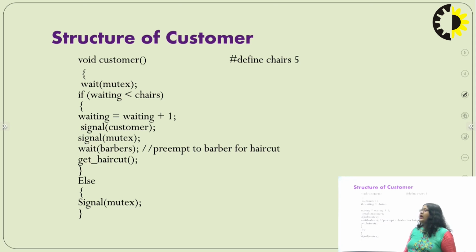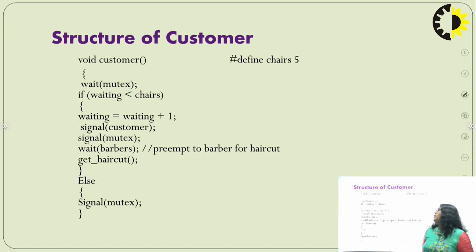Now the signal mutex, that means we move on with the mutex value. Because the mutex value after the signal is 1, it is ready for wait mutex, since it is already 1 at this time. Now wait barber. Initially the value of the barber is 0 at this time.